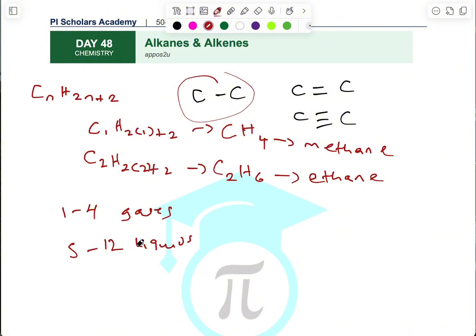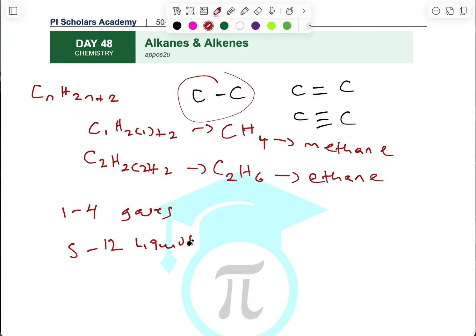So they vary like that. I explained in the last class that in the homologous series, one thing to notice is that they have similar chemical properties, but their physical properties tend to vary as you go down the group. So we can see the way they exist, the state of matter and all of that as well.